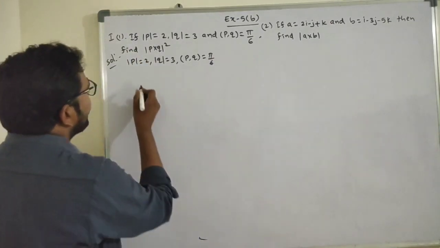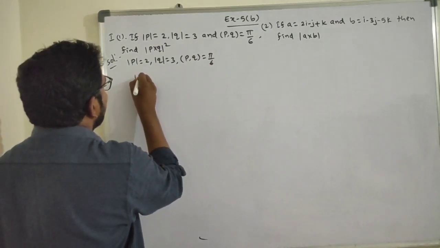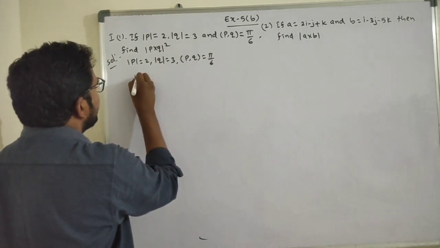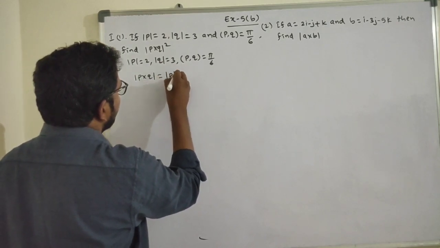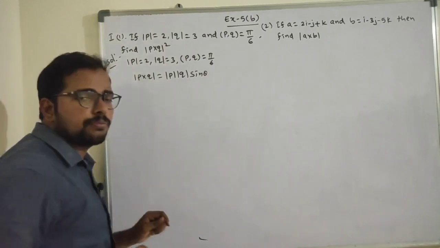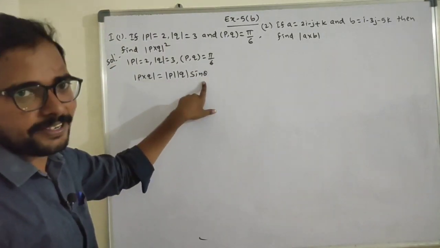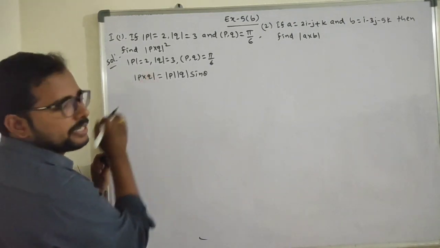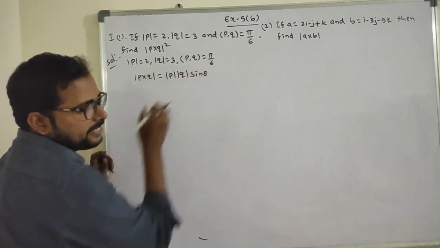Now we know one condition. Modulus A cross B is equal to modulus P cross Q, which is equal to mod P into mod Q into sin theta. By using the formula, mod A cross B is equal to mod A mod B sin theta. So here we have vectors P and Q. Mod P cross Q is equal to mod P mod Q sin theta.